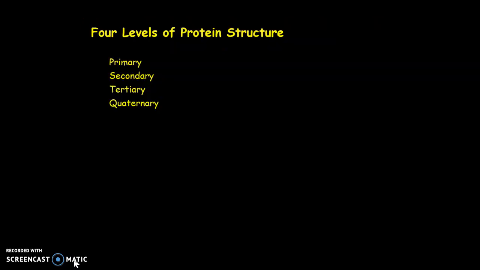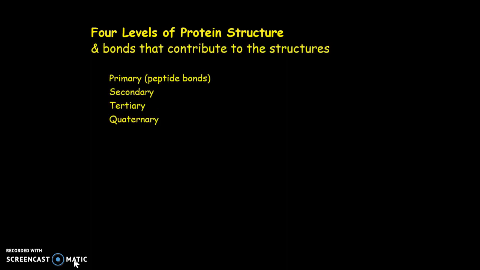So just to review, the four levels of protein structure are primary, secondary, tertiary, and quaternary. The primary structure is the left to right reading of the sequence of amino acids, and the primary structure is formed by peptide bonds between the amino end of one amino acid and the acid end of another amino acid.